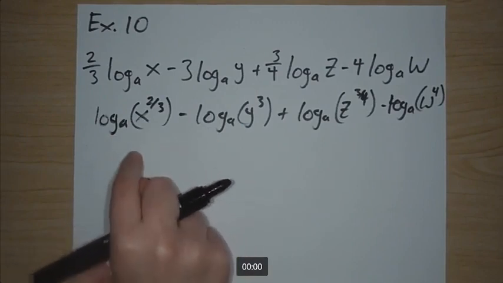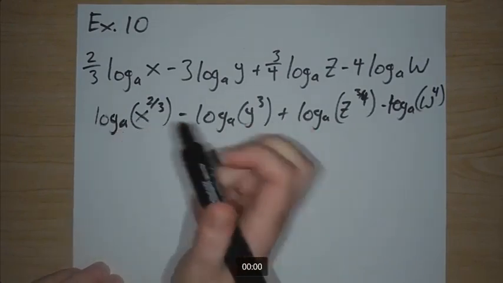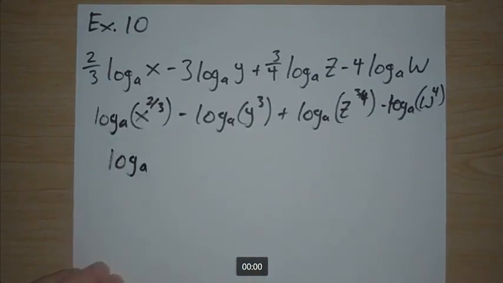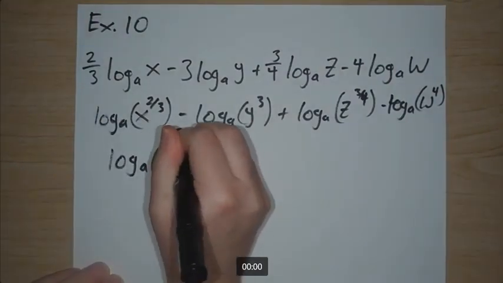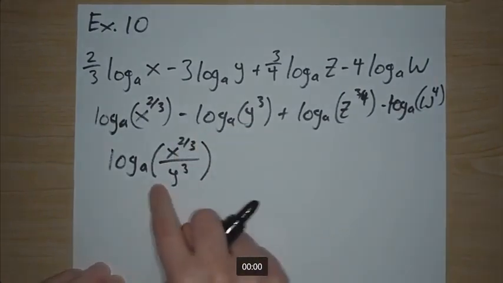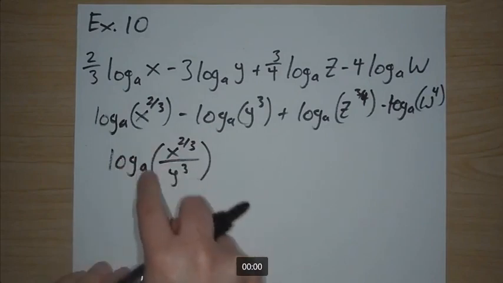So for these two logarithms here, we have log a of x to the 2/3 minus log a of y to the third. That's going to be the same thing as log a of x to the 2/3 as our numerator over y to the third. So that's the quotient rule, where you have this minus this with the same base.